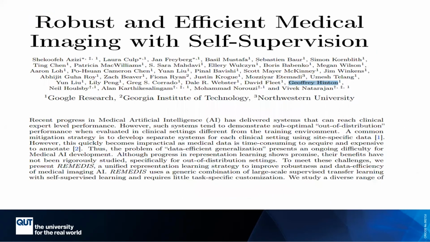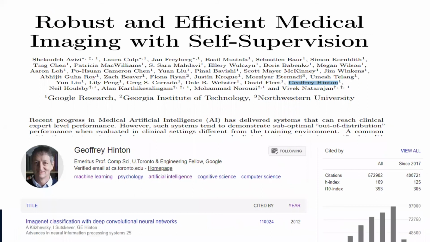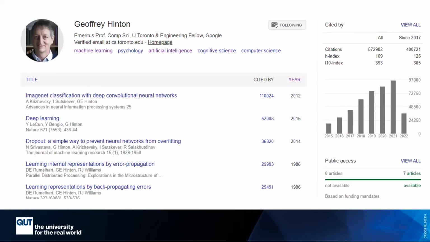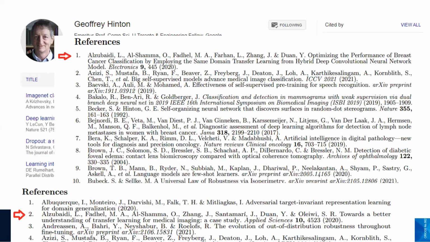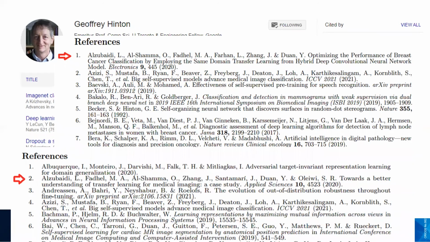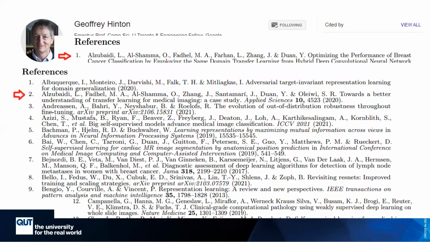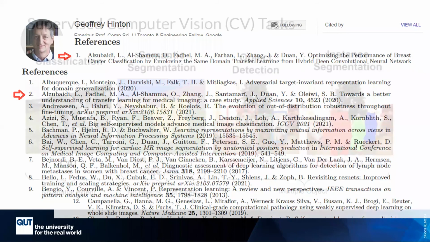Lately, Geoffrey Hinton, the founder of deep learning, released a paper with the Google research group showing that self-supervised learning, which is from the same domain, is better than ImageNet for grayscale medical images. This guy is the godfather of deep learning, and he even pointed to two of our papers, mentioning that this is a type of transfer learning tool for deep learning.